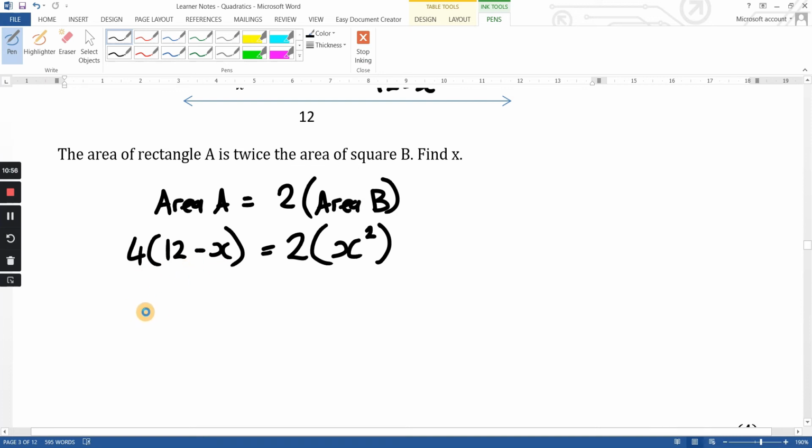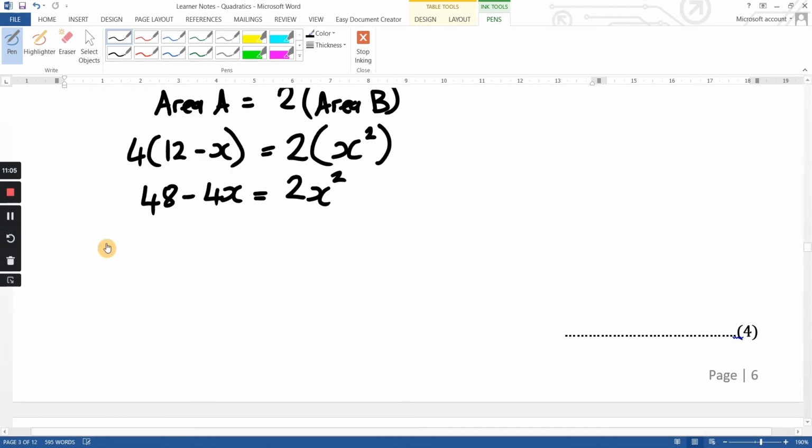Let's expand this. So I'll get that, and I get that. Let's rearrange it. That's going to give me a positive 4x and minus 48.